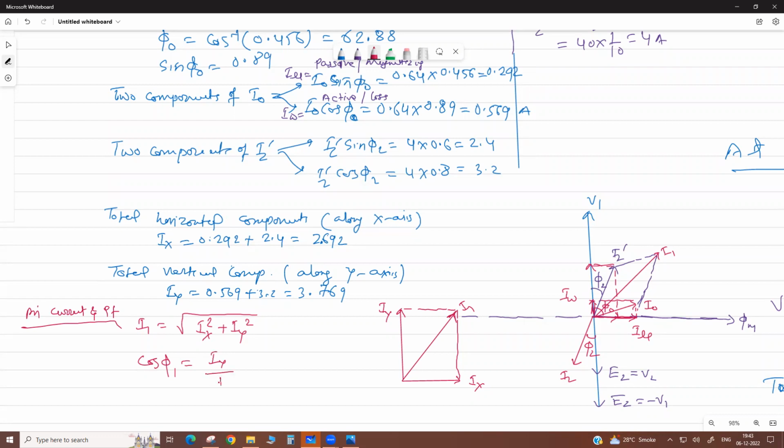Iy by I1 will be your phi 1, and along this axis your V1 is there, no? This is I1, okay?